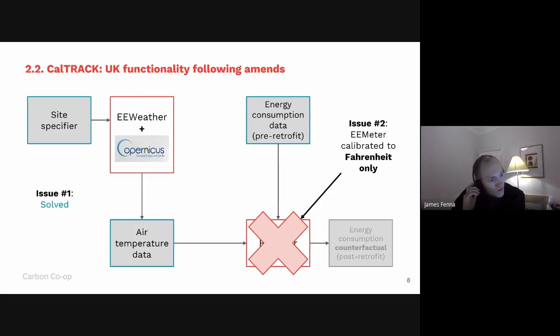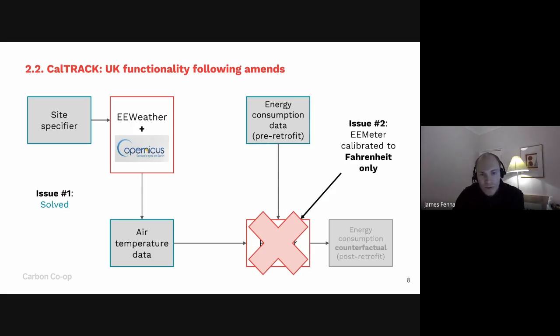So what we've done is we've developed a set of standalone additional modules that we've included in this pull request to the Caltrack code base. I myself and my colleague Matt Fawcett spoke with Phil and with Adam yesterday about the detail of this.